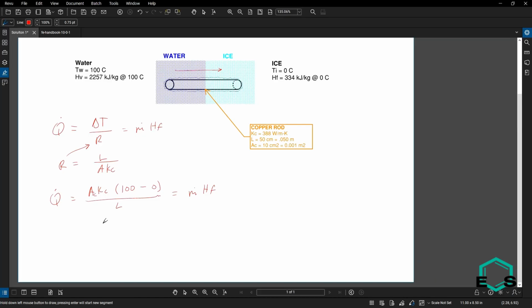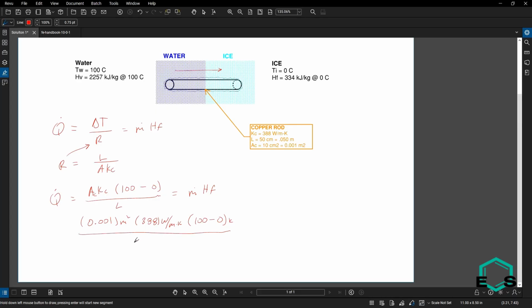So I'm going to plug in everything here. 0.001 m squared. Kc is 388 watts per meter per Kelvin. Okay, 100 minus 0. Change in Celsius is the same as the change in Kelvin.